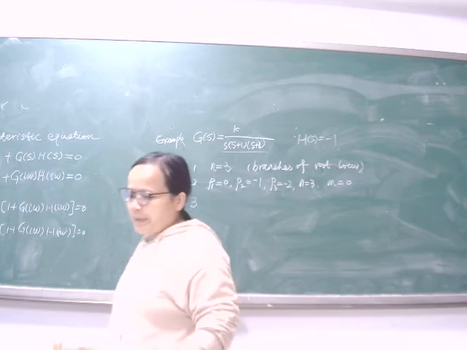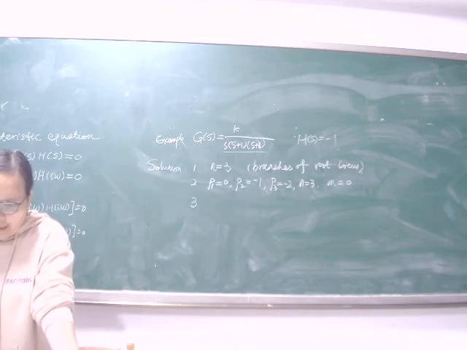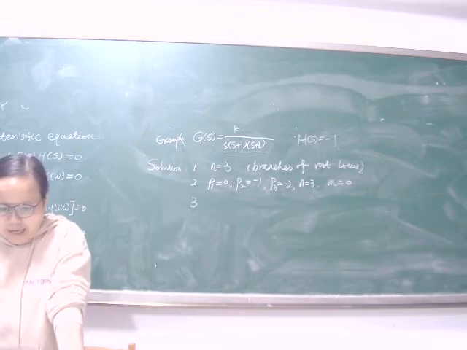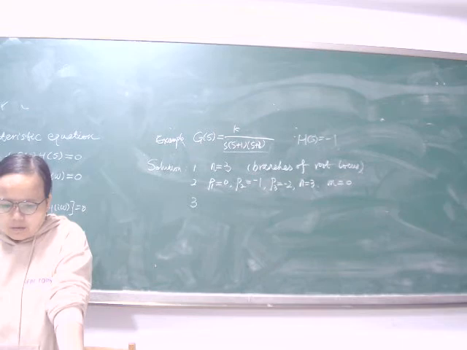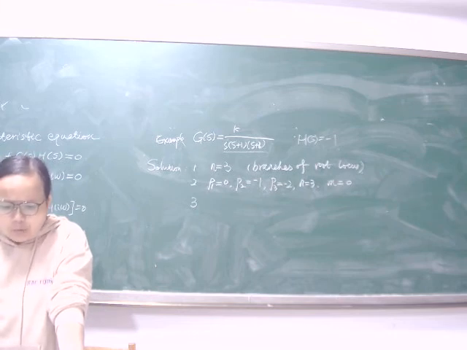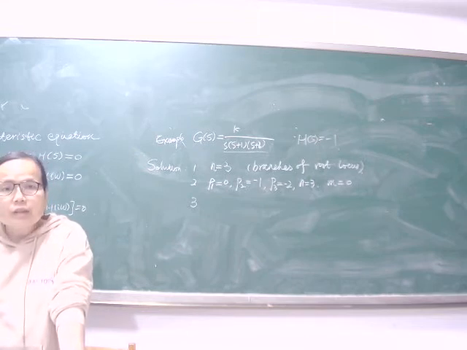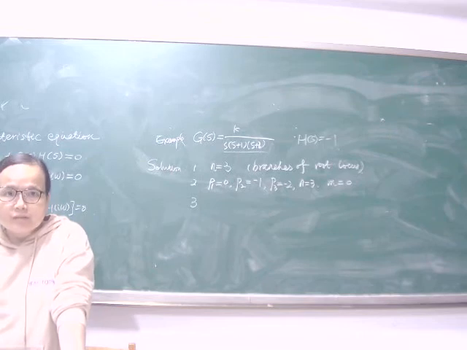Then we should determine the asymptotes. What are the asymptotes? There are 3 asymptotes. And how to get the angle? And how to get the point?